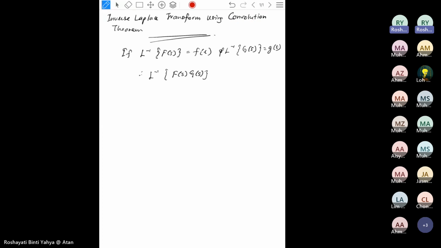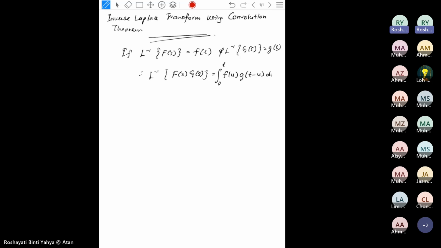The convolution is multiplication in the frequency domain. So it equals the integration from 0 to the positive side, f(u) g(t minus u) du.